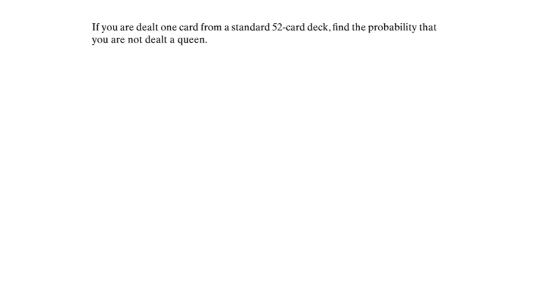All right, let's look at our first word problem. If you are dealt one card from a standard 52 card deck, find the probability that you are not dealt a queen. Remember, we're getting dealt only one card in a standard 52 card deck, and we want the probability of not being dealt a queen.